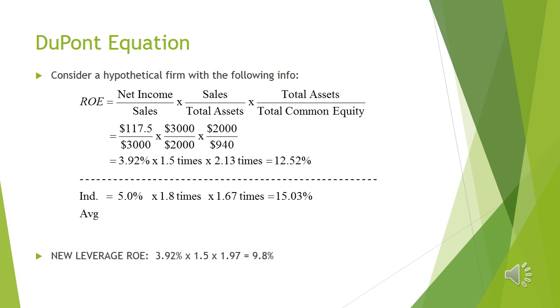It does indeed need to look at why its profit margin is lower and why its total asset turnover is lower than industry averages. So management could potentially use the DuPont equation to help identify ways to improve its performance.